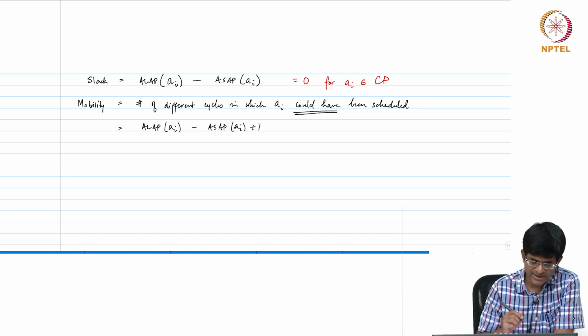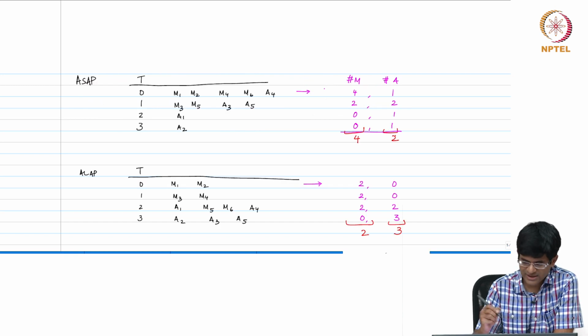Alright, so now with this mobility, what I can do is I can go back, look at the task graph and say, okay, what happened? Why did the ASAP, for example, give me 4 multiplications as my requirement? Because it tried to put all the multiplications that were ready as early as possible, which was in clock cycle number 0, 4 of them. ALAP on the other hand ended up with a requirement of 3 A-type operations, A-type hardware units, because it tried to push all the A2, A3 and A5 into the last time step, right?